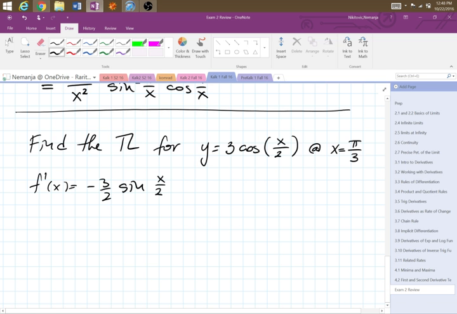And then we will plug in the value. Slope m is when you take the derivative and plug in pi over 3. When you replace x with the actual value, that's when we get the slope. So that's 3 times the cosine of, in this case, pi over 6, which is 3 root 3 over 2. Cosine of pi over 6 is root 3 over 2.